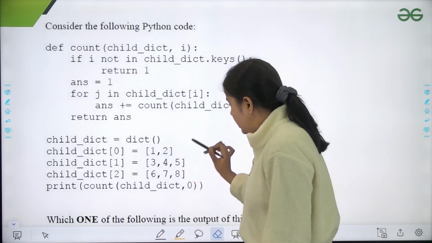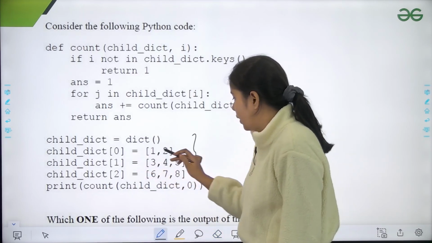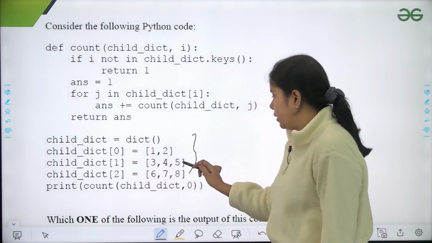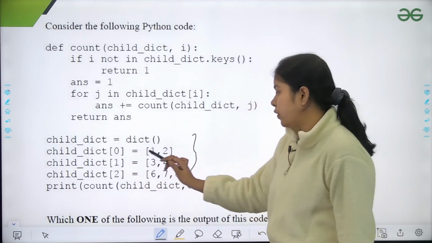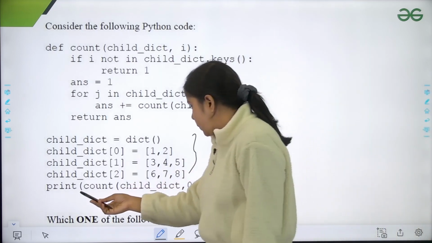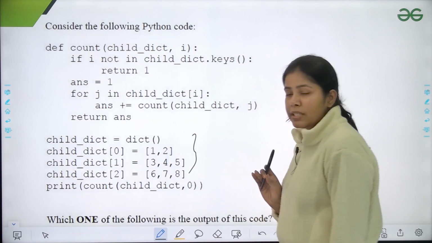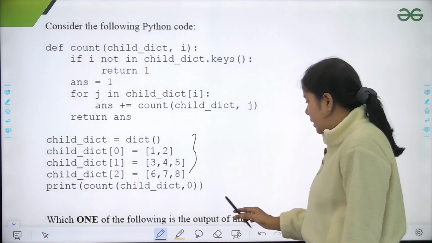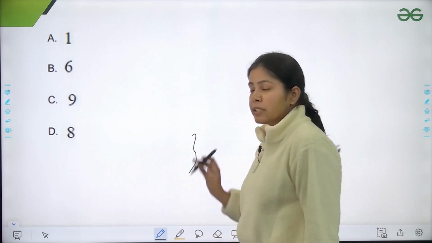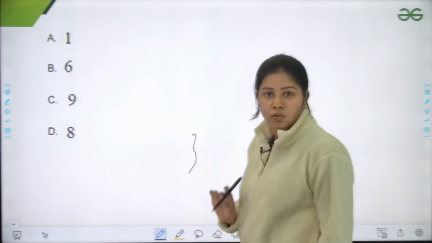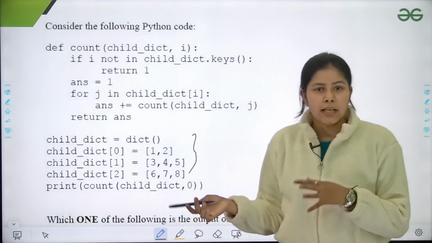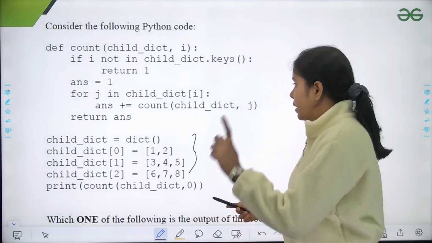So we have been given this dictionary which takes 0 at the 0th index, it takes values 1 2, at the first index it takes 3 4 5 and at the second index it takes 6 7 8. Now I have to run this function, print count child dict comma 0, right? The question asks which one of the following is the output of this code, and the options are 1, 6, 9, 8. So we have to tell which of 1, 6, 9, 8 is the correct output. So let's see.